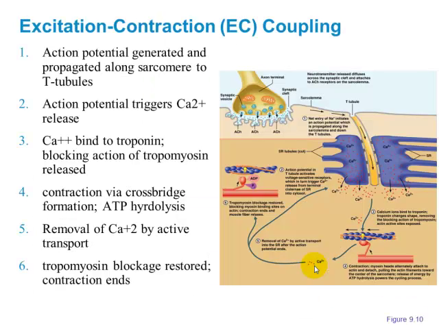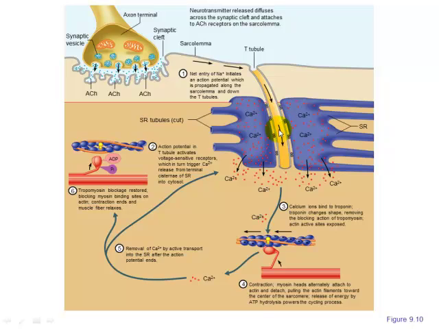All right, so when this occurs at the neuromuscular junction, it's going to initiate an action potential that's now going to pass down the T-tubules. And when it passes down the T-tubules, that action potential is also going to be able to open calcium channels, but now we're talking about calcium inside the muscle.